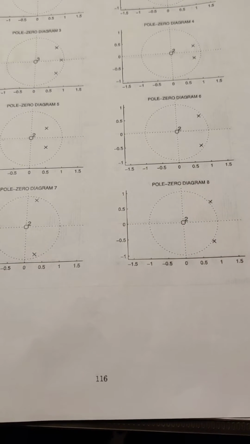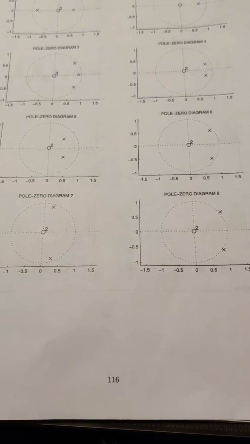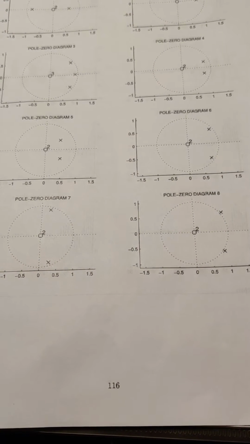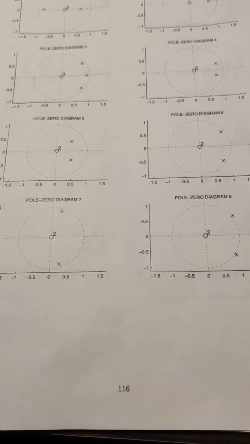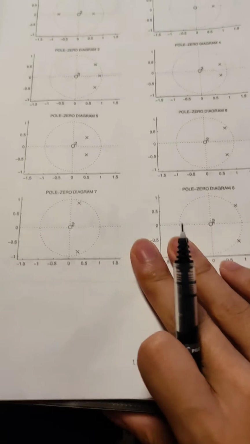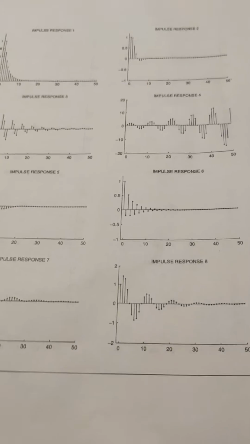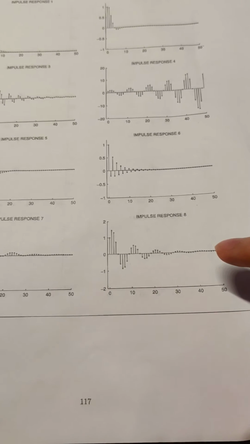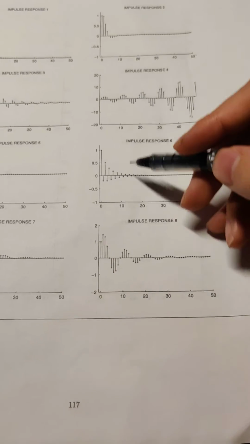So they may have the same frequency, but diagram 5 decays faster than diagram 6. So diagram 5 matches impulse response 2, and diagram 6 matches impulse response number 8, because we can see the frequency is the same.